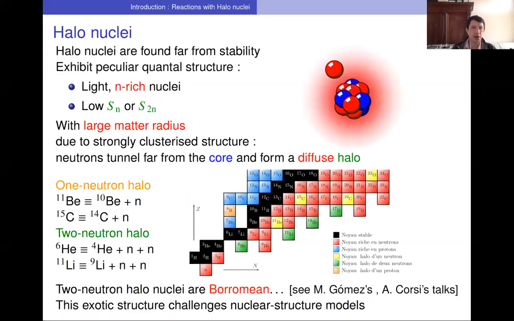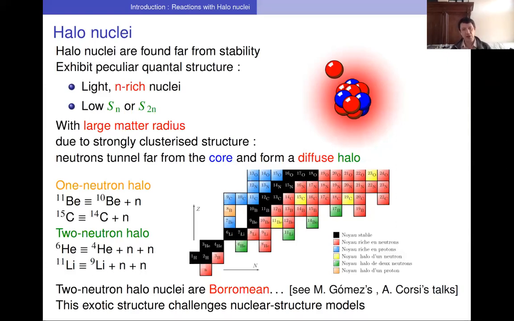So halonuclei are exotic nuclear structures found far from stability. The development of radioactive ion beam facilities in the mid-80s has enabled the nuclear physics community to access unstable nuclei, and some of these nuclei have been shown to exhibit these very peculiar quantum structures.